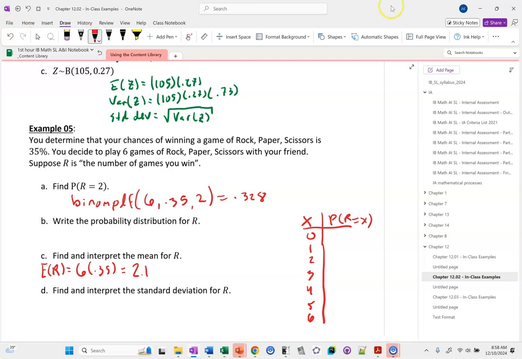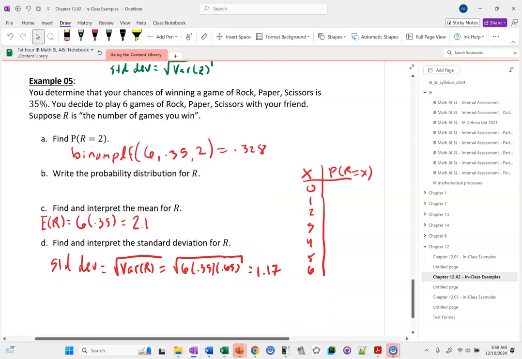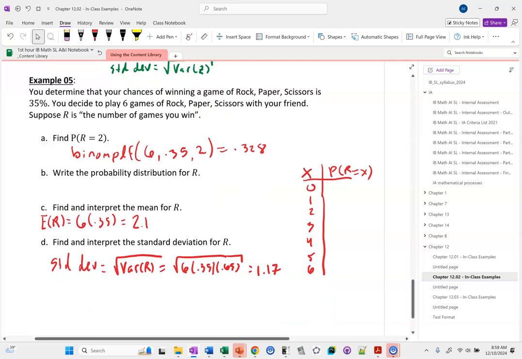Find and interpret the standard deviation. So that's going to be the square root of the variance, which is the square root of 6 times 0.35 times 0.65. So that's 1.17. What is the interpretation there? What would I say in the context of this problem?